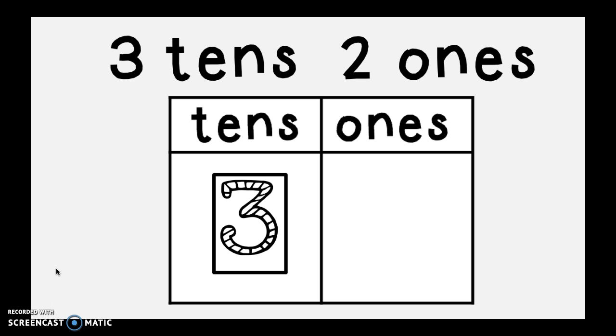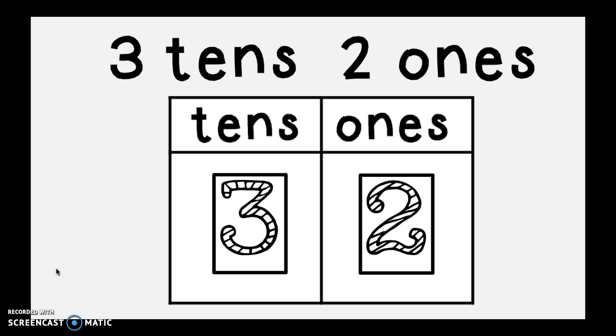What number do you think I'm going to put underneath the 1s box? Yeah, you got that right. 2. Because in the number 32, I have 3 10s and 2 1s. See how organized that is? I love it. We're going to look at numbers, and we're going to say them in 2 ways. The regular way and the say 10 way.